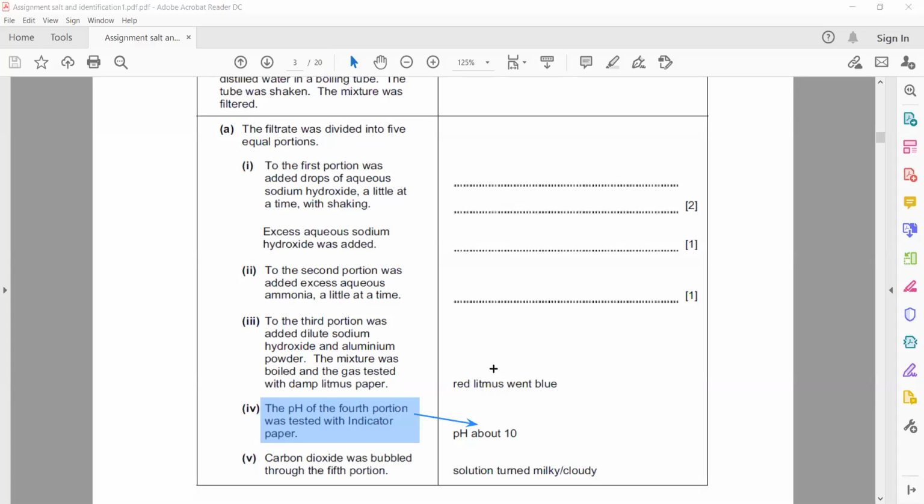So pH 10 indicates that it is an alkali, a weak alkali. Carbon dioxide was bubbled through the fifth portion. It turned milky. So it shows it is lime water, or calcium hydroxide.